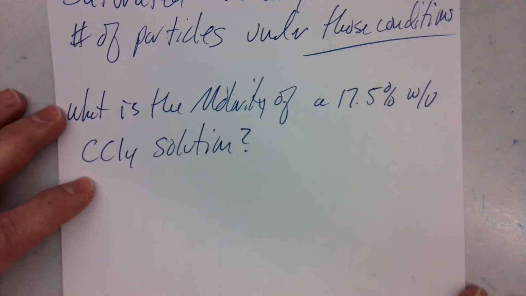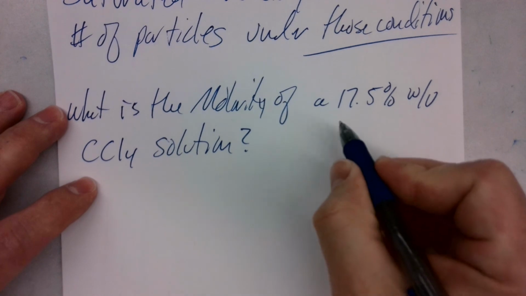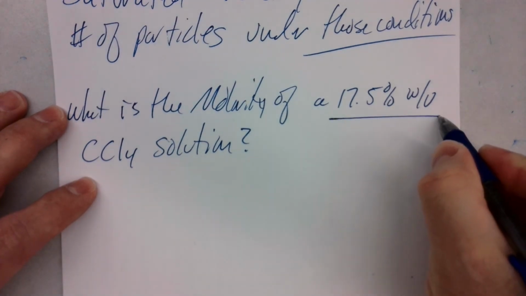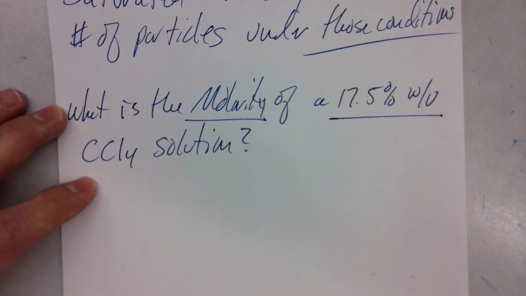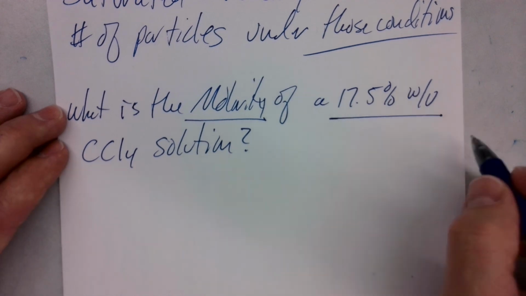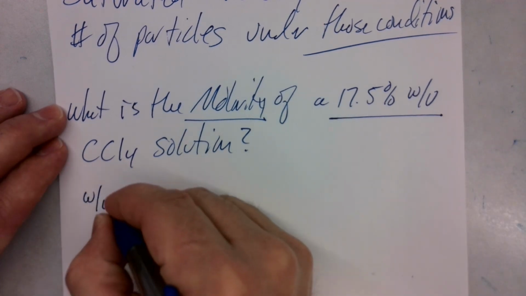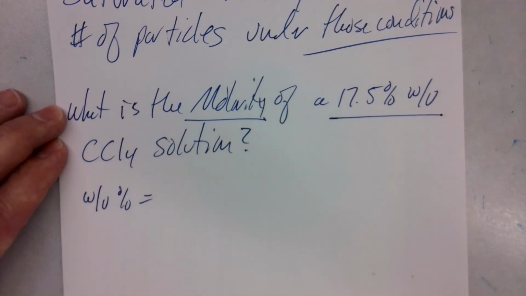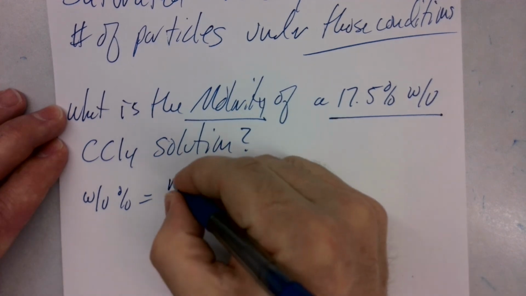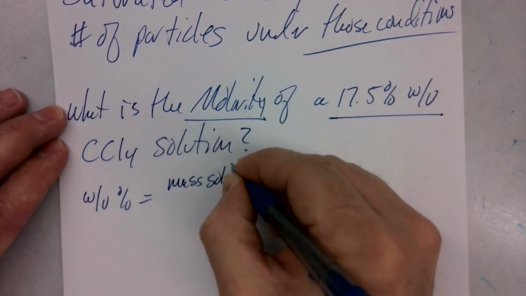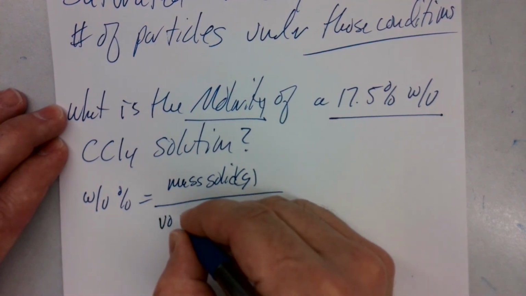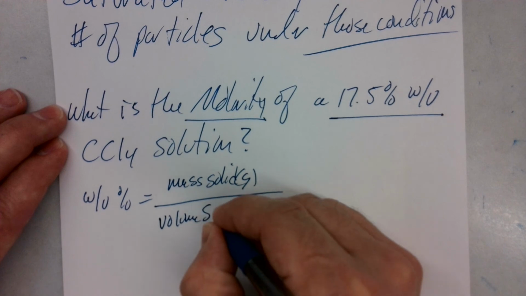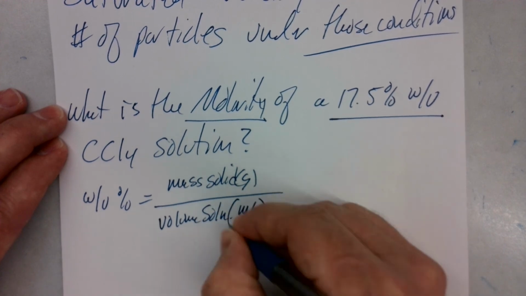This is an entirely different equation than that, isn't it? Okay. Now, if I go back to my weight to volume equation, weight to volume percent was equal to what? Mass of the solid in grams divided by volume of the solution in milliliters, right?